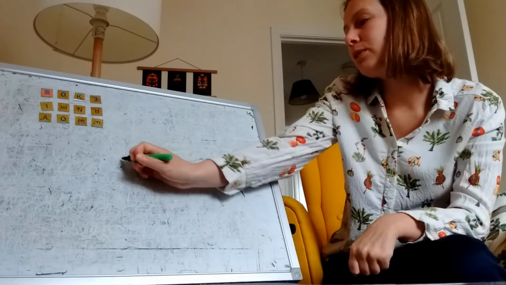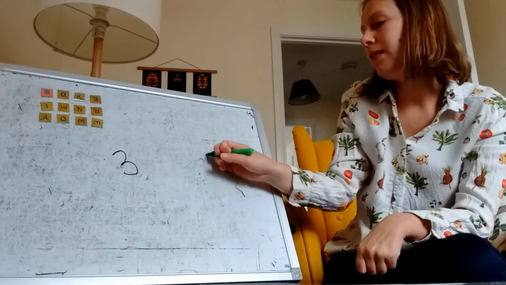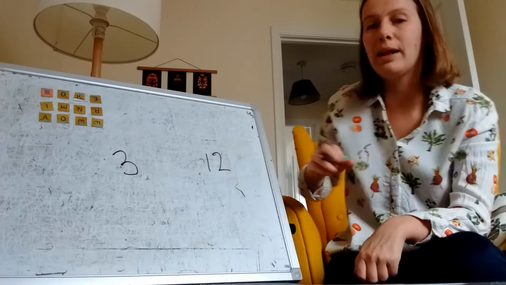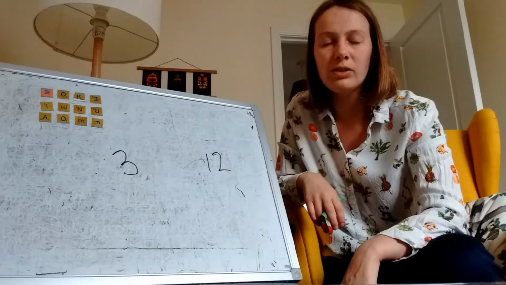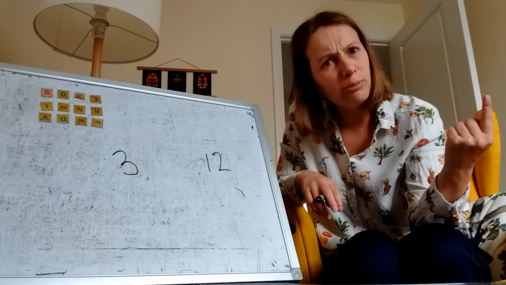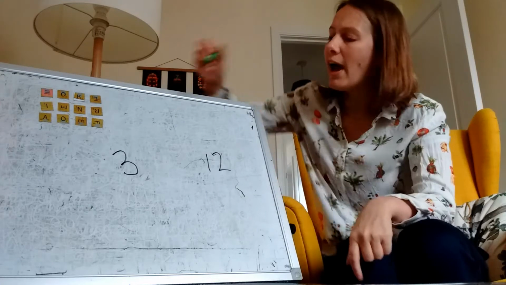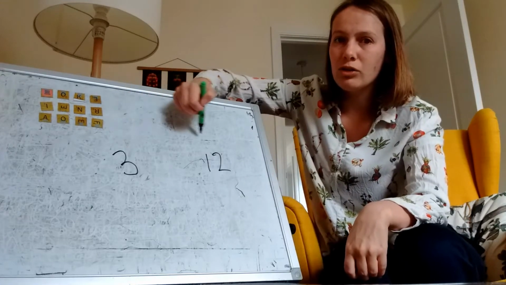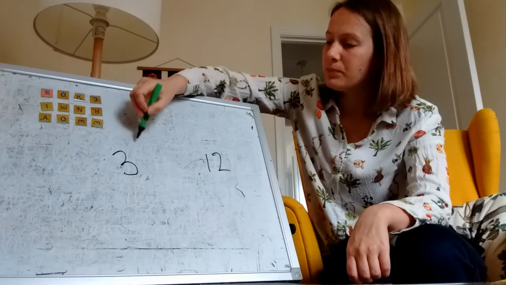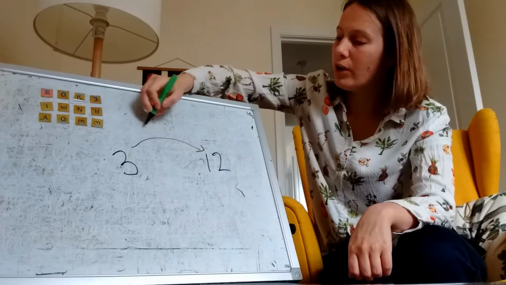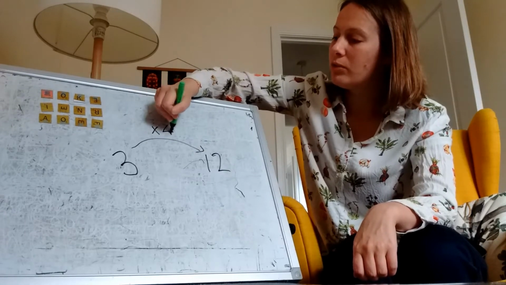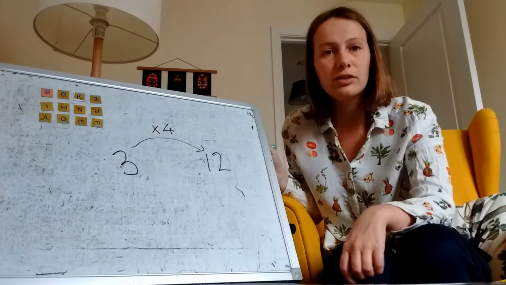If I've got the numbers 3 and 12, the question I ask myself is, using multiplication, how do I get from 3 to 12? And I think we all know I would times by 4. That's good.